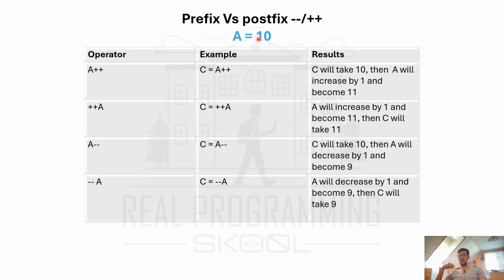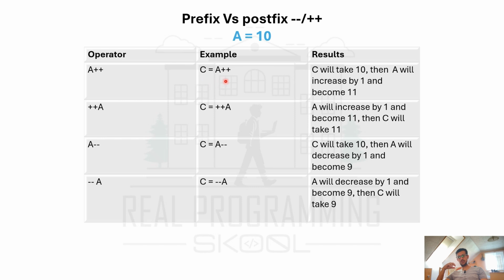All right, we have here variable a equal 10, we assign the value 10 to variable a, and we have this example: c equal a++. When we put the increment operator after the variable, the compiler will take the value of variable a and put it inside variable c.